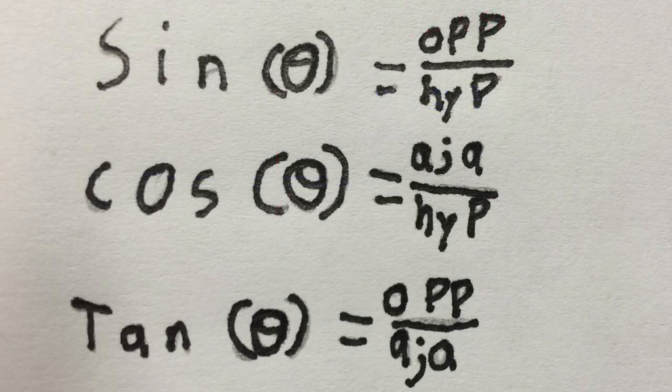In order to find the different parts of a vector, you will need to use trigonometry in order to find the vertical and horizontal components. The three trig functions that we commonly use are shown above.